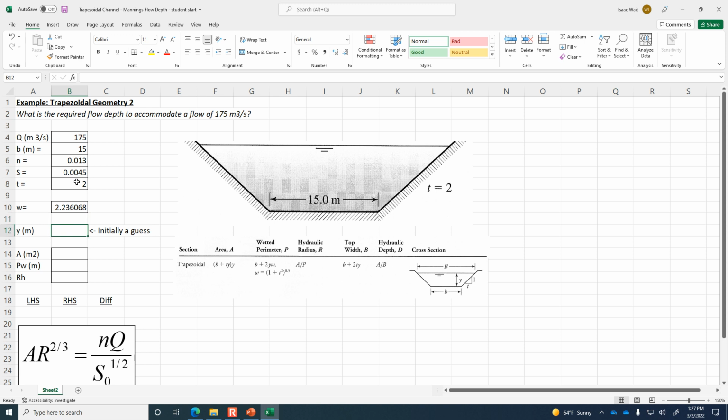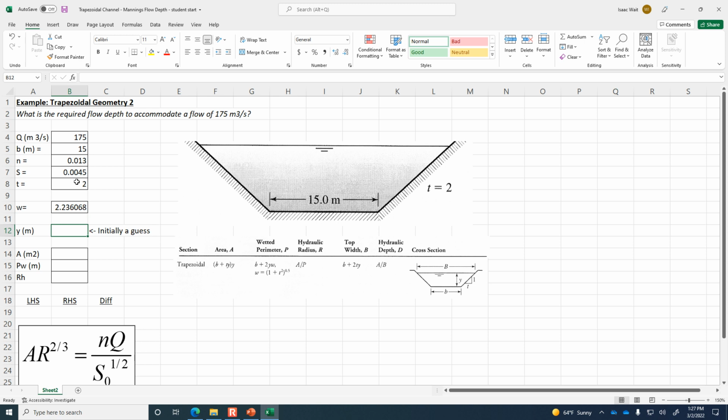Now, we don't know what the flow depth is, but we can start with a guess. And the same thing happened when Dr. Pearson was setting it up in the Casio. It's prompting you, once you type in the formula, the next thing it prompts you for is what number to assign to each of the variables that go into the formula.